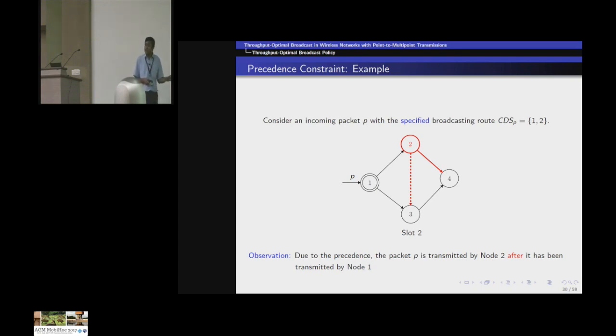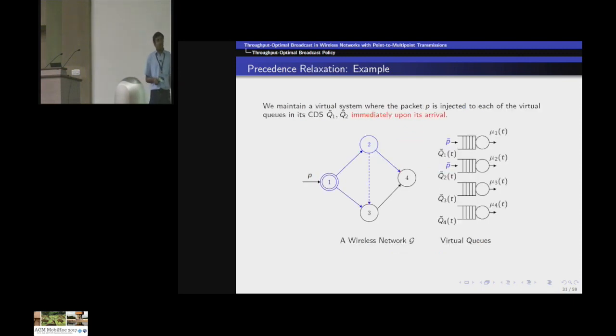We precisely relax this constraint and consider a virtual system such that when a packet comes, there is an oracle that gives a CDS, that is a path, to the packet, and once the packet gets its path, it is immediately copied and counted in the corresponding virtual queues. These virtual queues are basically queue counters, and these counters are incremented as soon as the packet arrives at the source and the corresponding path is given.